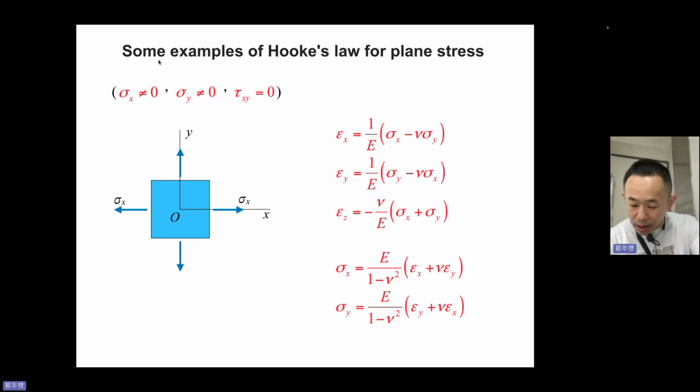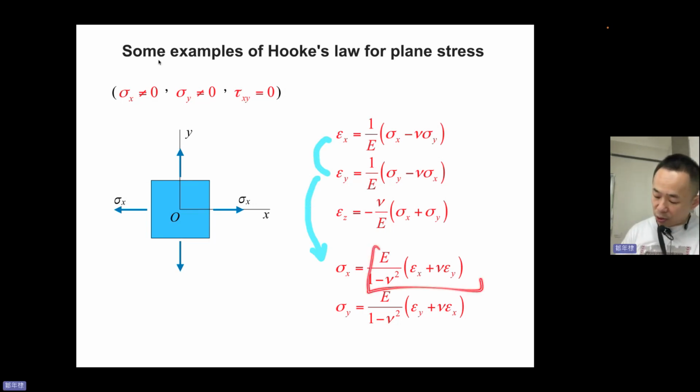If we combine them together, we can obtain sigma x and sigma y in this form. You're just moving terms to the left-hand or right-hand side. Easy, nothing important.